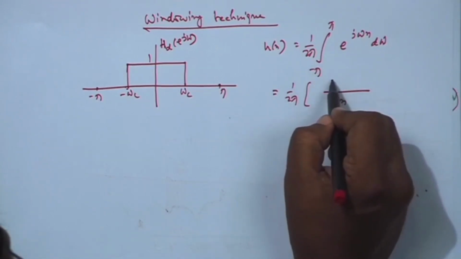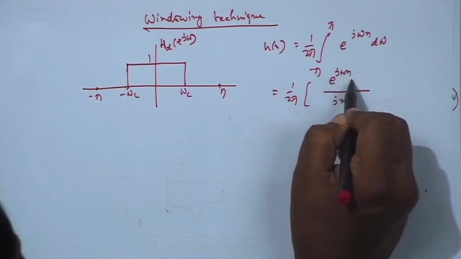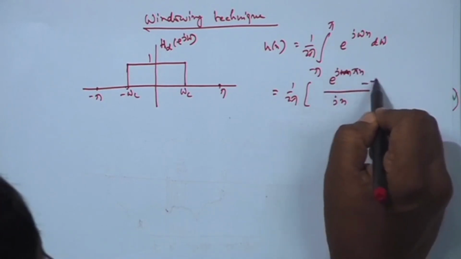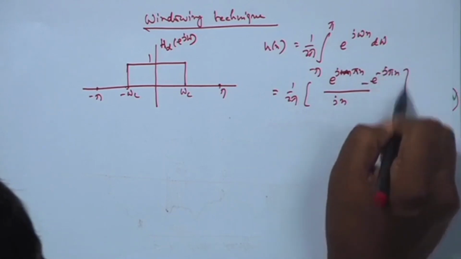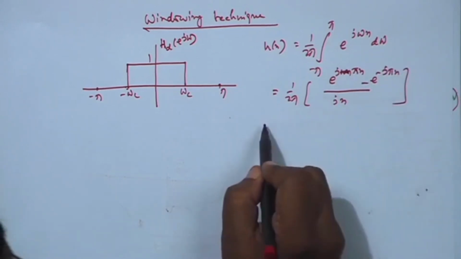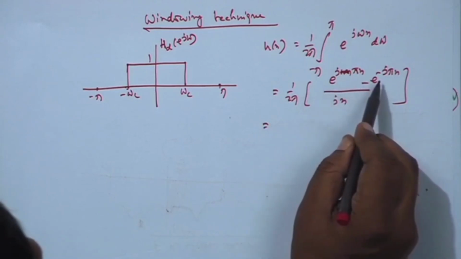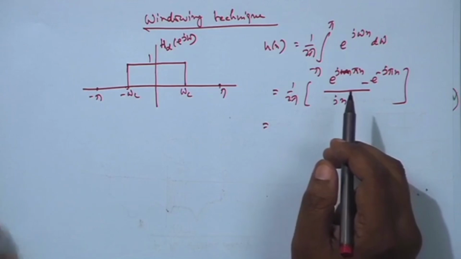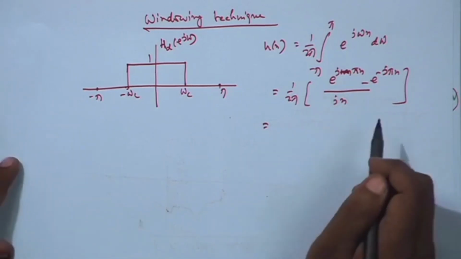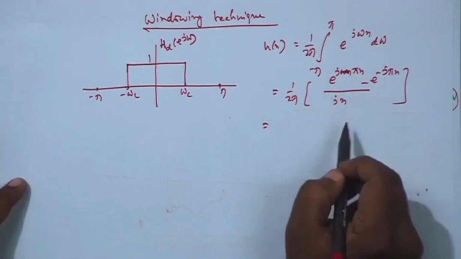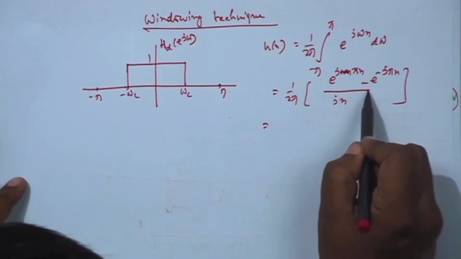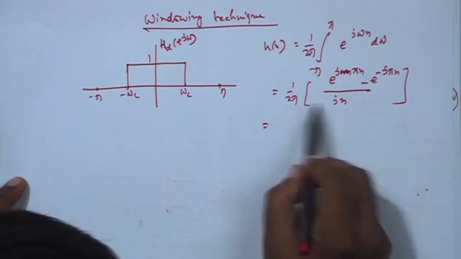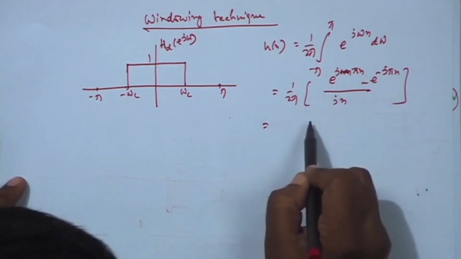okay, e to the power j pi n minus e to the power minus j pi n. So, it will be 2 j sin pi n, okay. 2 j sin pi n, okay. j cancels, 2 cancels.